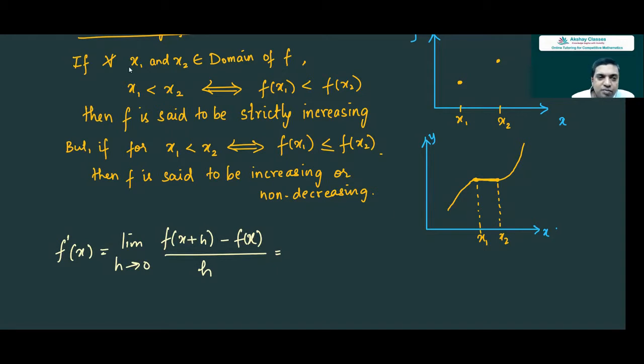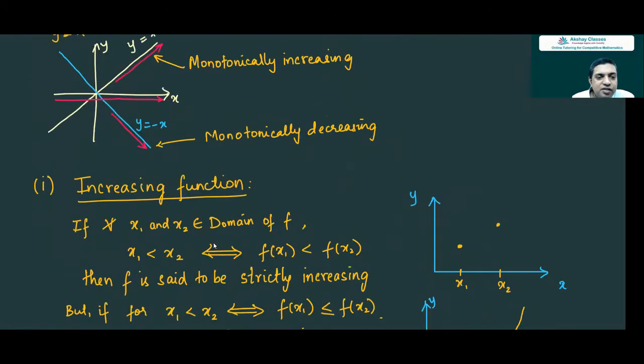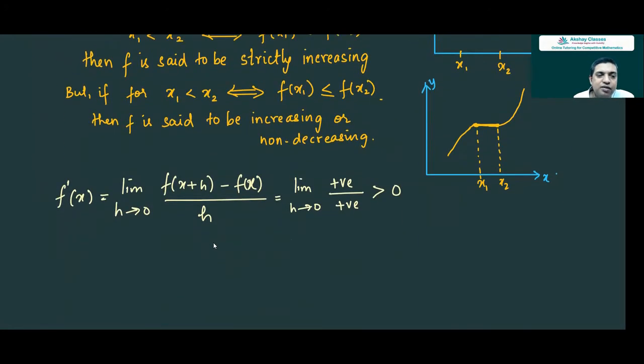For suppose this is an increasing function, x plus h is greater than x, so f of x plus h will be greater than f of x. So it is limit h tending to 0, a positive value by a positive value. So the derivative will be greater than 0. The derivative will be greater than 0. So, definition using derivative.